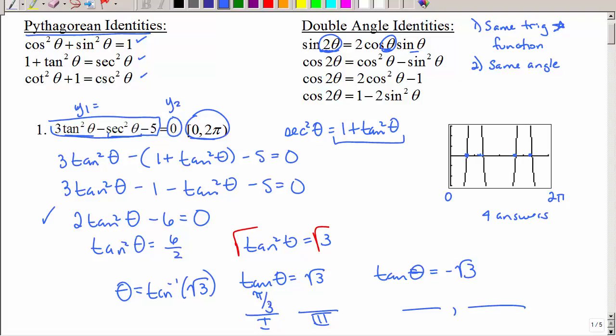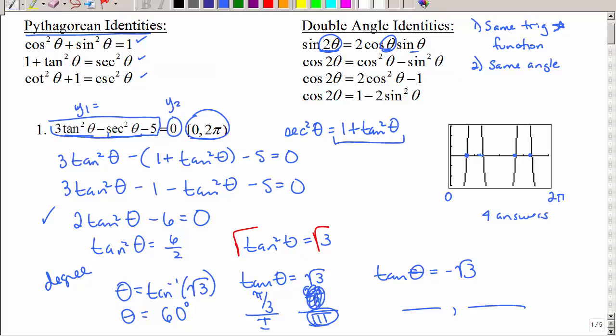Now again, if your calculator is in radian mode, you're not going to get pi over 3, which is that exact answer that I'm going to require. But if your calculator is in degree mode, and you did this, it's going to tell you 60 degrees. It's not going to tell you that other quadrant. You would have to know to add 180, which is 240 degrees. But you've got to put your answers in radians.